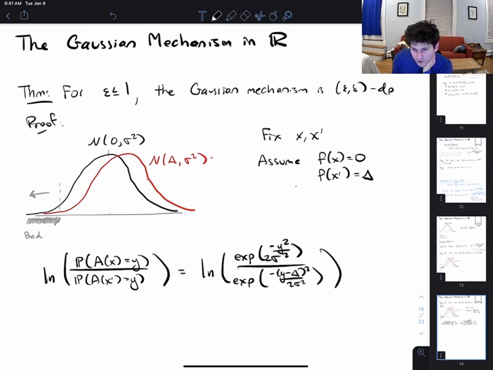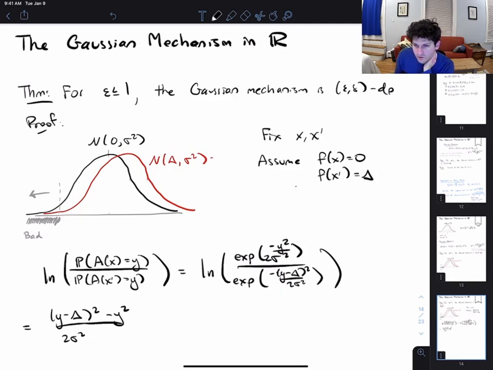Taking the logarithm, this becomes y minus delta squared over 2 sigma squared minus y squared.